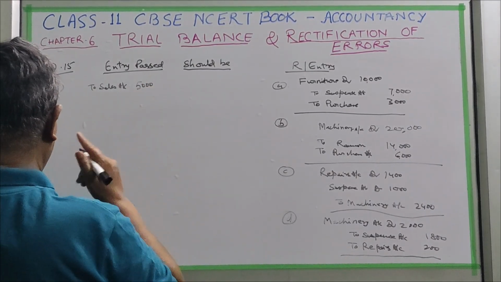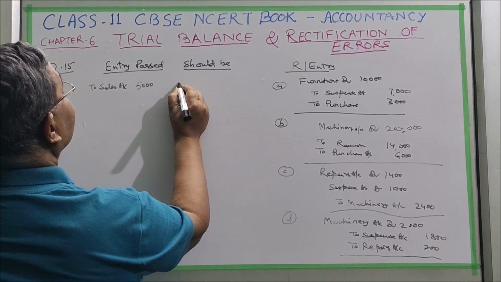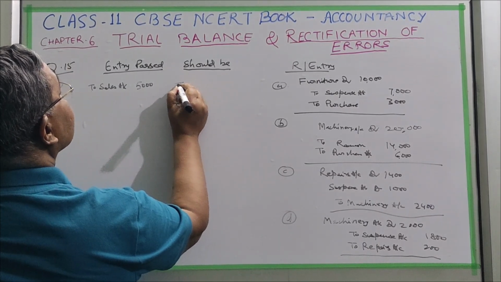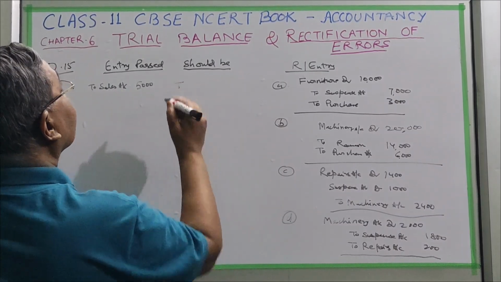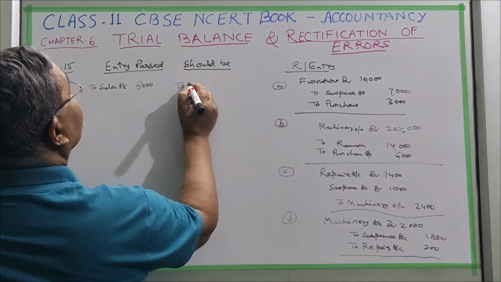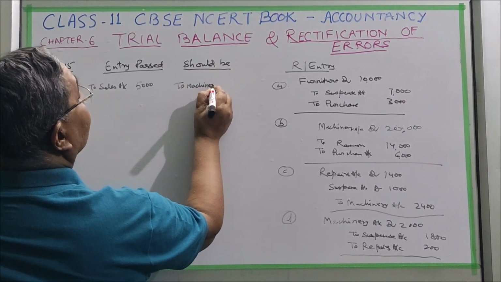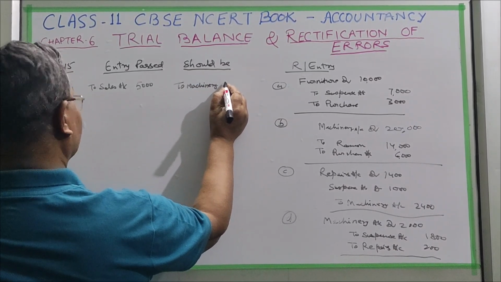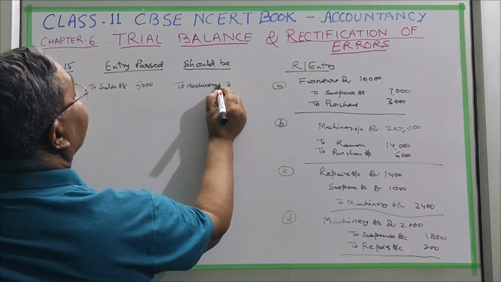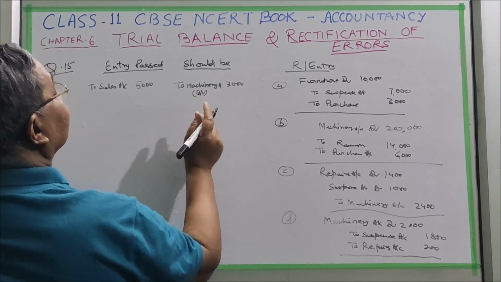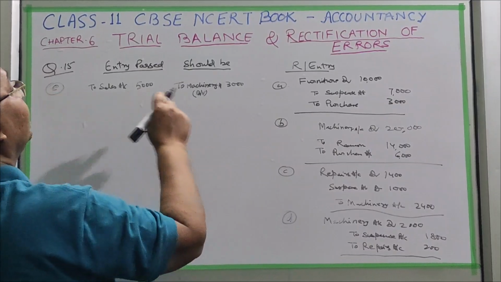Okay. Old machinery, so machinery should have been credited at book value, to machinery account 3,000, because the machinery account will be in book value.